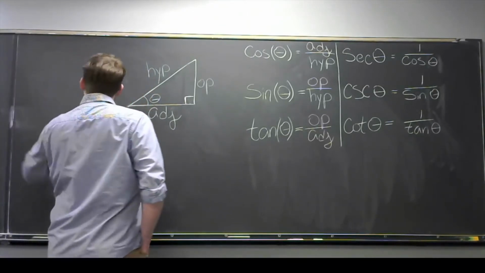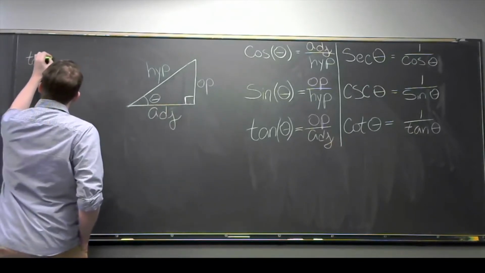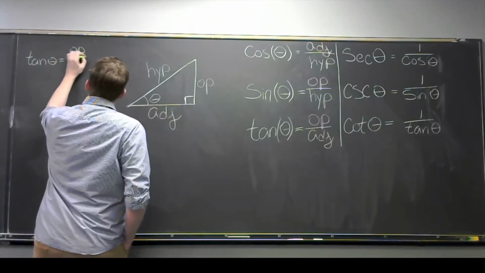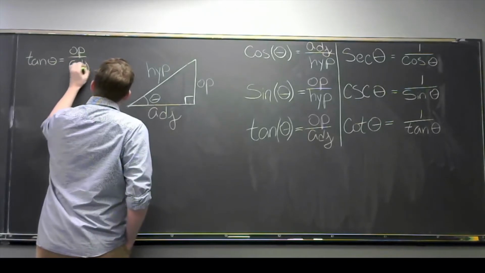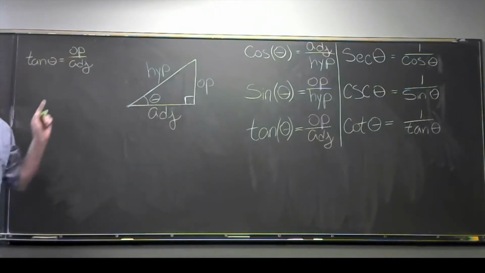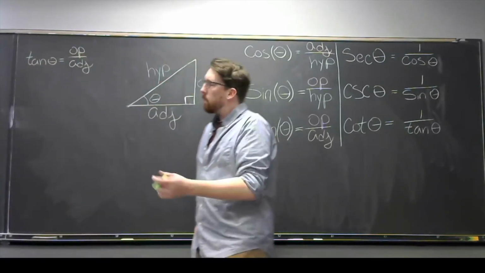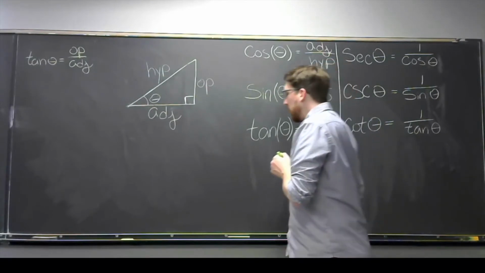Because tangent is equal to the opposite over the adjacent, let's say we wanted to multiply it by 1. Won't change anything, right? It'll still be opposite over adjacent. Let's multiply it by 1.